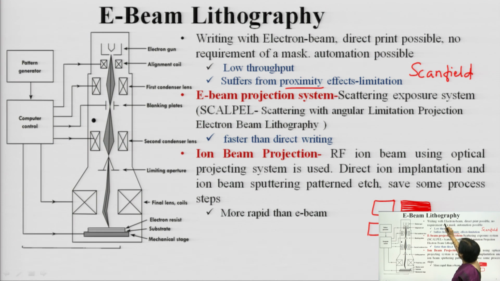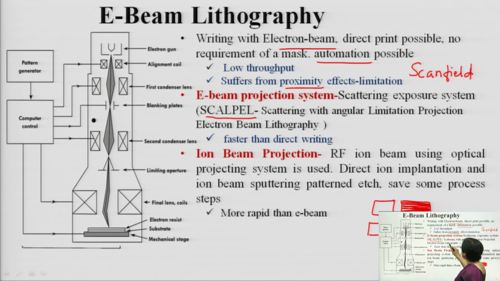But the effectiveness or the resolution is very good. It is a slow process, but there is no need of a mask, so the mask cost is saved, and the system is very good. There are advanced features also being incorporated, and that is known as SCALPEL.